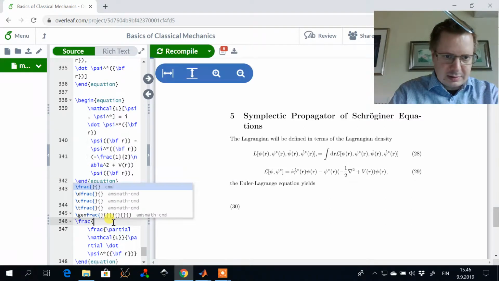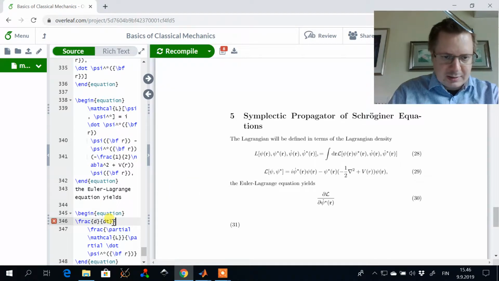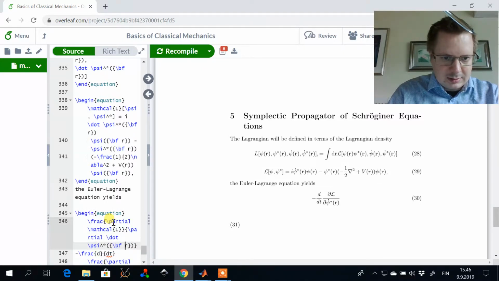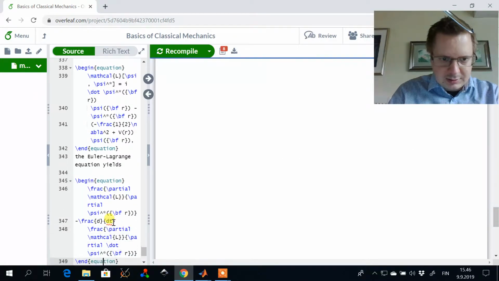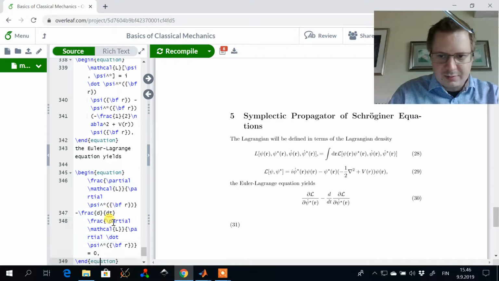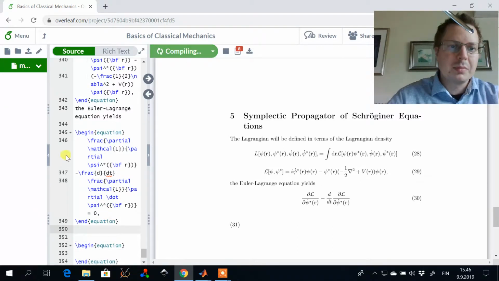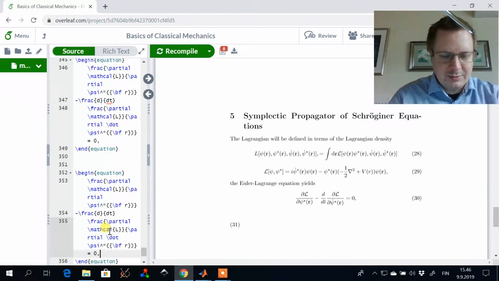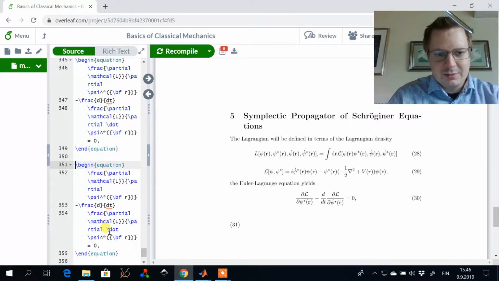Then the time derivative of this one, and then we have just the partial derivative with respect to psi star itself, like so. So this is the Euler-Lagrange equation. I'm doing it beforehand with the complex conjugated one to get the real, non-complex-conjugated equation.